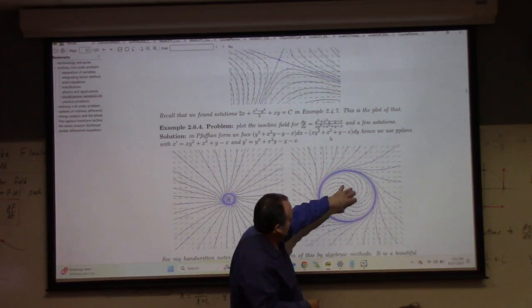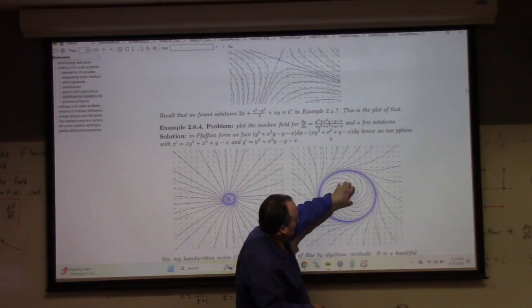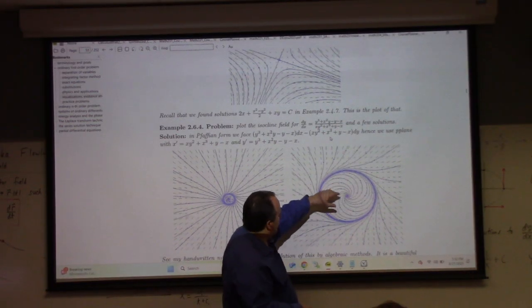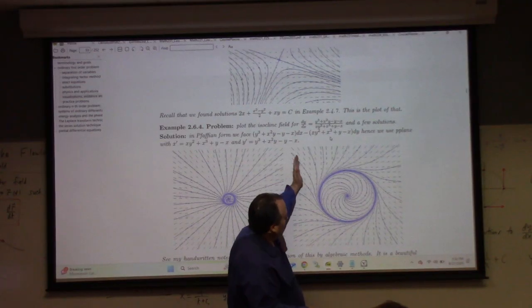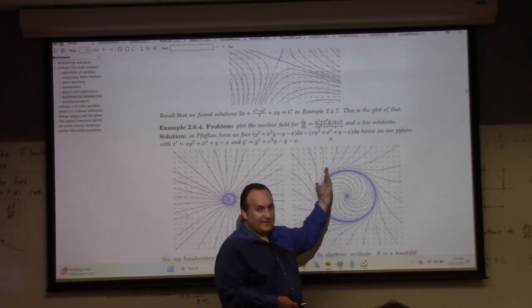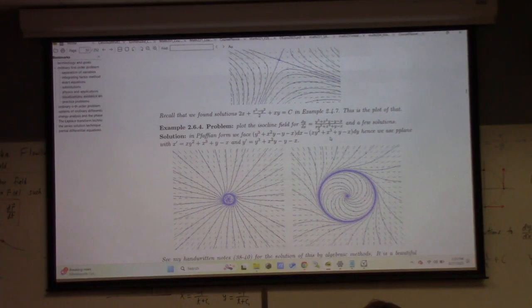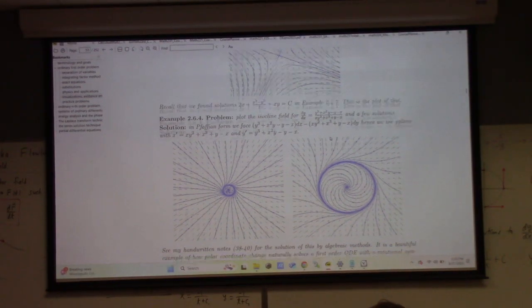All the solutions inside the unit circle either spiral into the middle or spiral out, depending on how you want to look at it. And the solutions outside the unit circle all get dragged into it. It's very cool. This can be solved using a change to polar coordinates. I haven't typed that out, but it's in my old handwritten notes if you want to look at it.